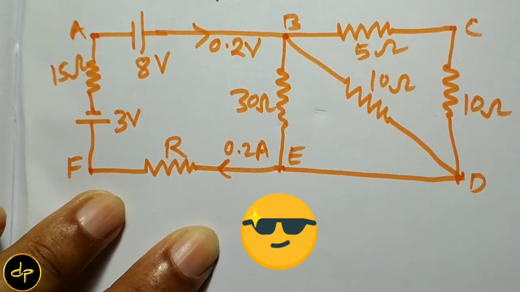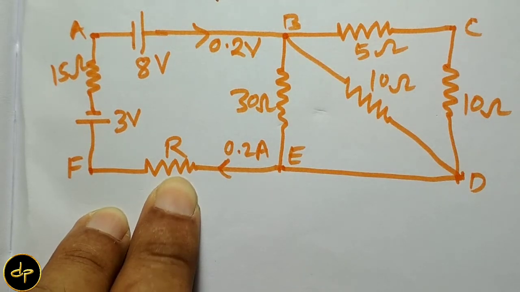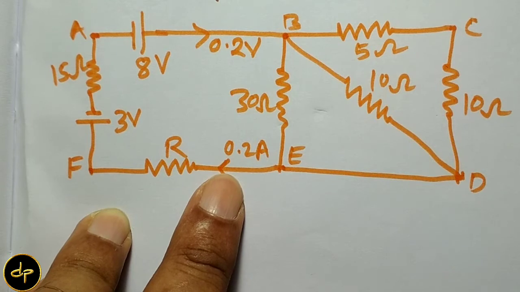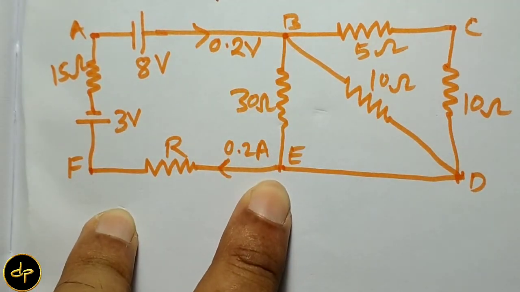In this question: calculate the value of resistance R in the circuit shown in the figure, so that the current in the circuit is 0.2 ampere. What would be the potential difference between points B and E? So this is B and this is E. What is the potential difference between BE?